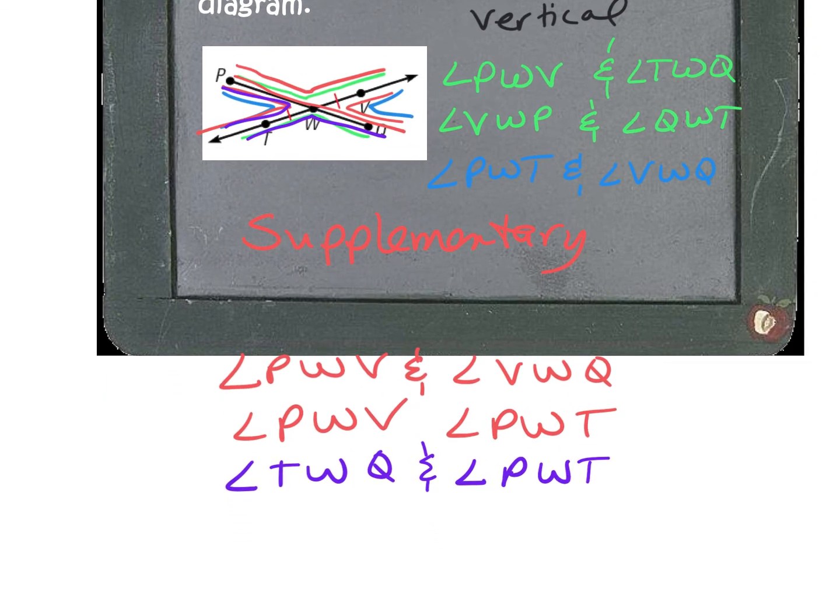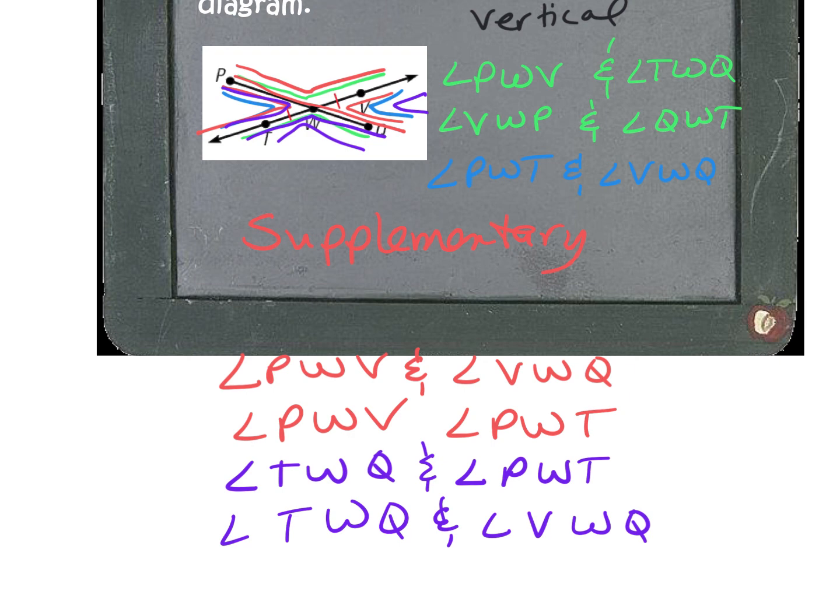I could also go here, the TWQ with this one over here. So TWQ can also go with VWQ. So again, this picture has lots of supplementary, and again, you can reverse the order of the letters, but notice on all of these, W was the middle letter. So that is it for section 3.